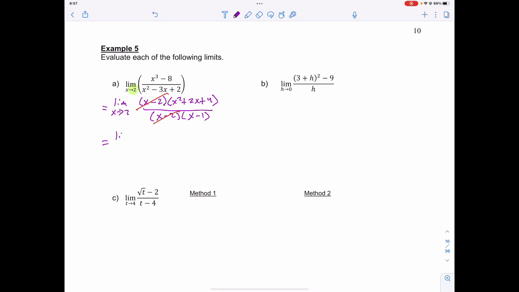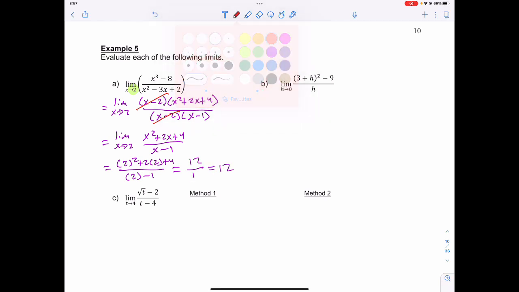So if the limit as x approaches 2 is x squared plus 2x plus 4 over x minus 1, then this is going to be equivalent to 2 squared plus 2 times 2 plus 4 over 2 minus 1, which is going to give me a numerator of 12, a denominator of 1, and this is just going to equal 12.